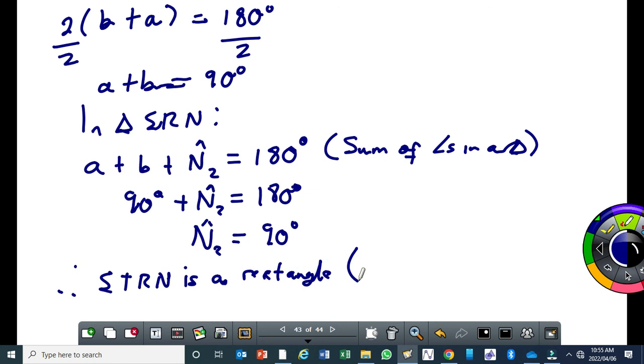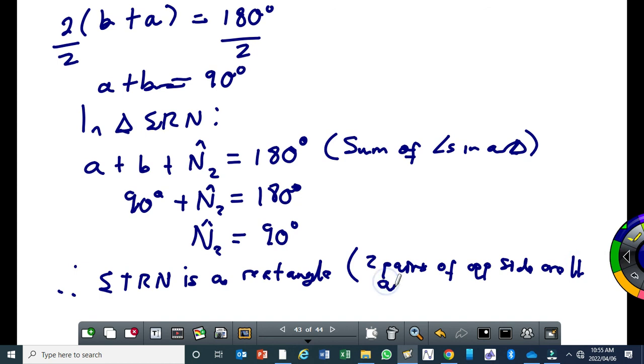Why? Because two pairs of opposite sides are parallel and at least one interior angle is equal to 90 degrees.